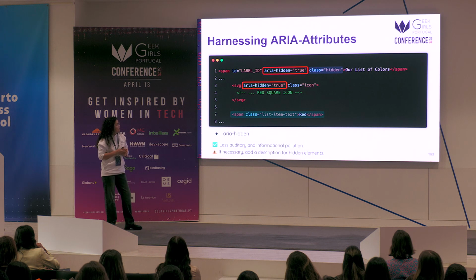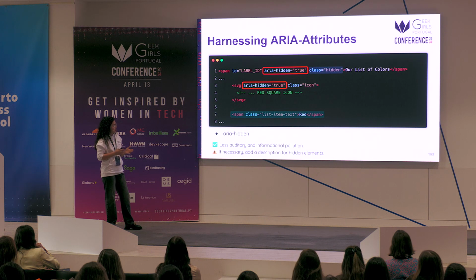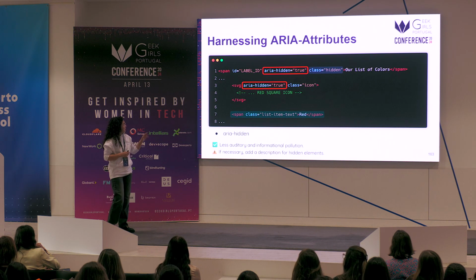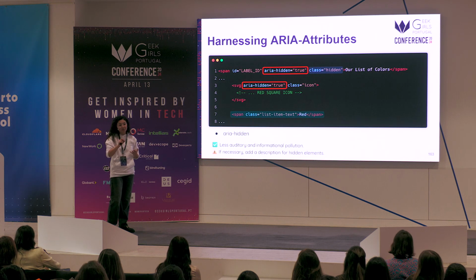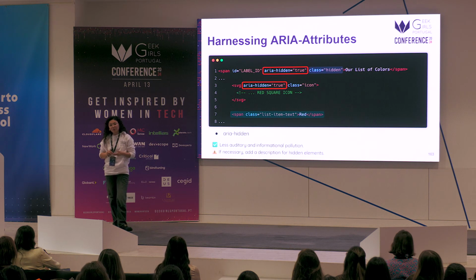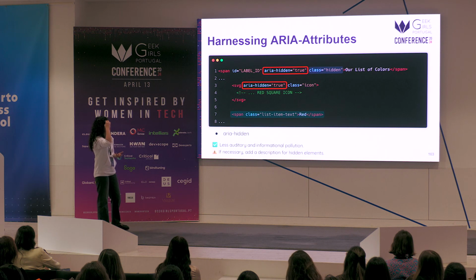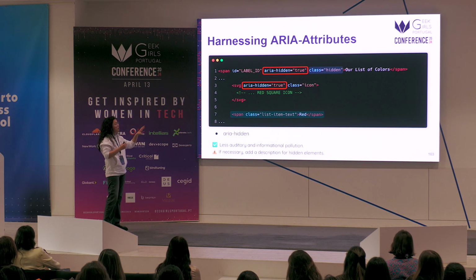And at the end, aria-hidden. Why am I using this attribute? Because I'm using it on the SVG, because I already created a descriptive text for each item. So we don't have to focus on the SVG itself, because it doesn't bring any additional information. So I'm just hiding it.